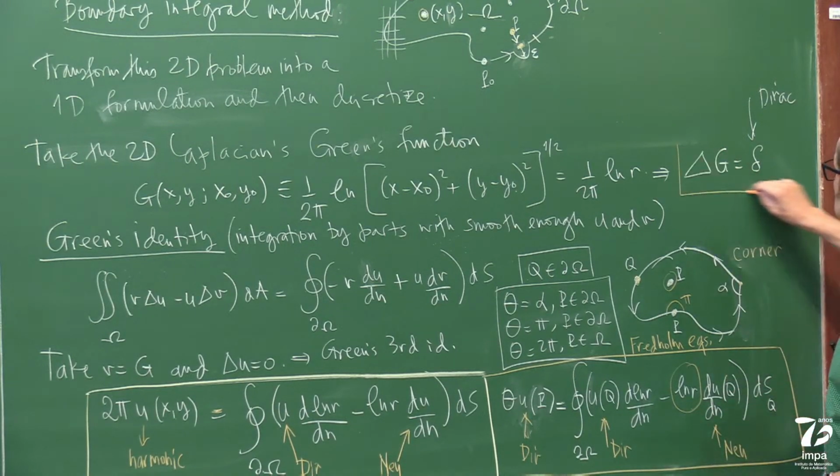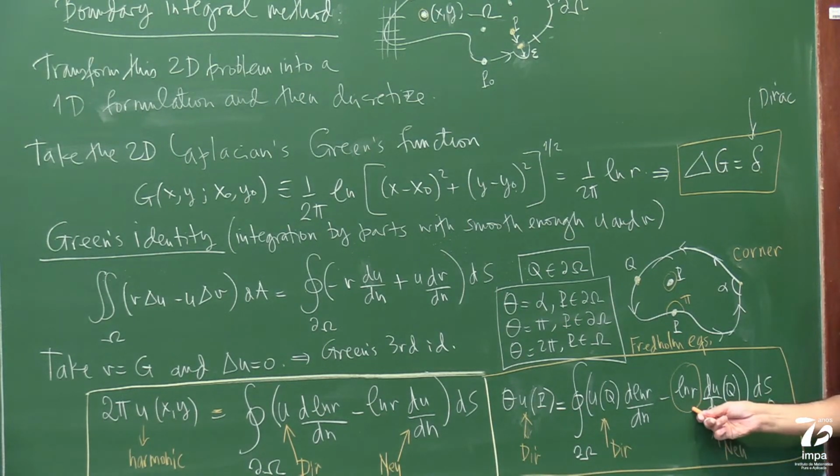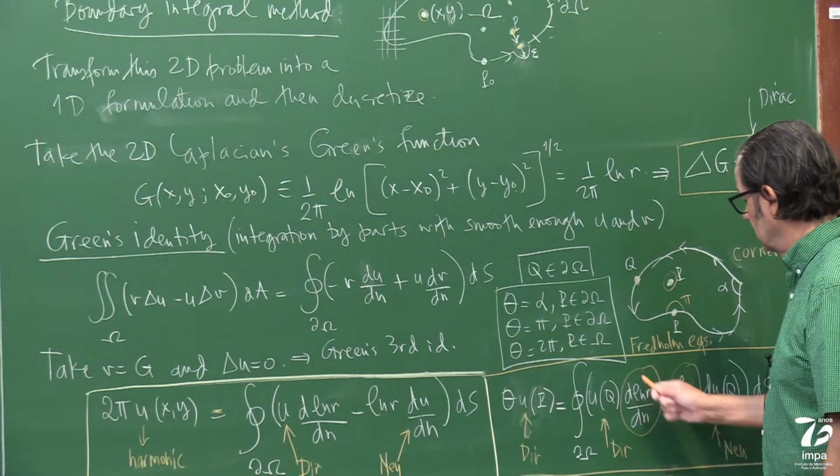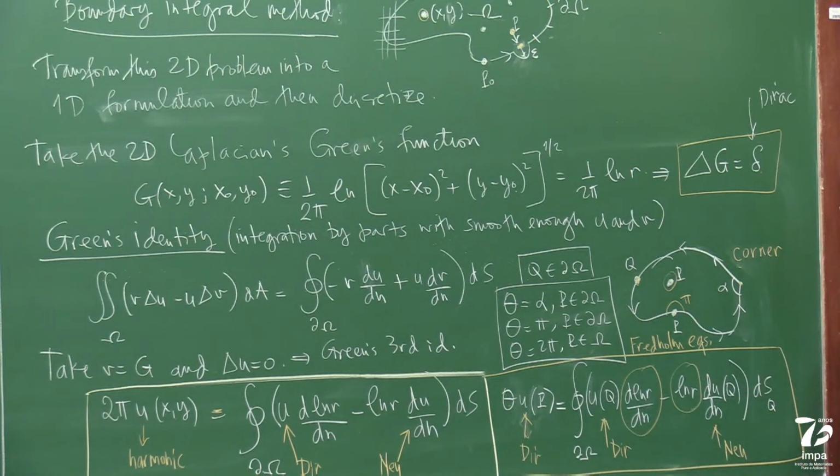It's a potential because it's solving this with this sort of singular right-hand side. So this would be a single layer potential, and the Neumann condition is the intensity of this charge. It can be a positive charge or a negative charge, depending on the sign of this function. And this here is a double layer potential.